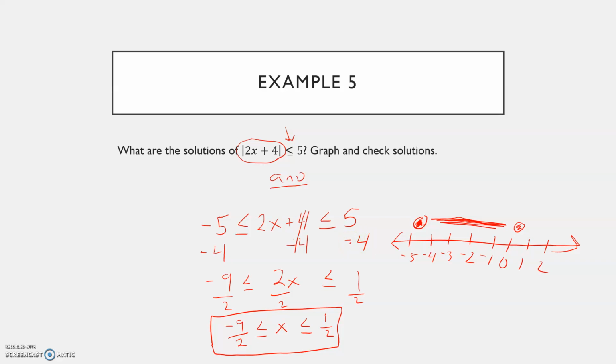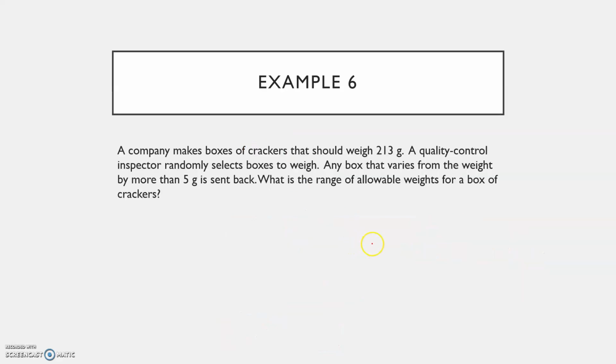All right, last example. A company makes a box of crackers that should weigh 213 grams. The inspector randomly selects a box to weigh. Any box that varies from that weight by more than 5 grams is sent back. What's the range?